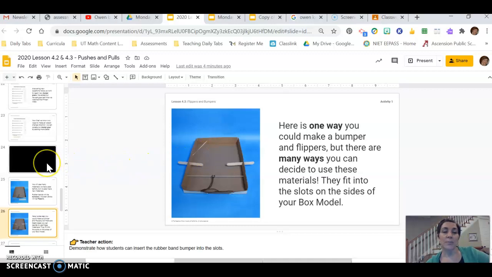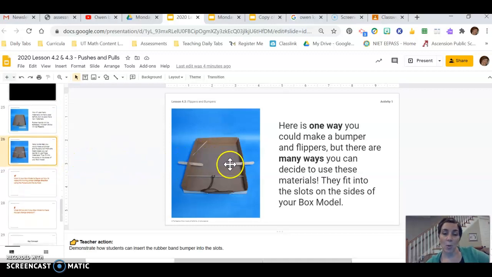We can also put these flappers onto our box model. So then when our ball comes back down, we can move these flappers to make our ball hit the other way.